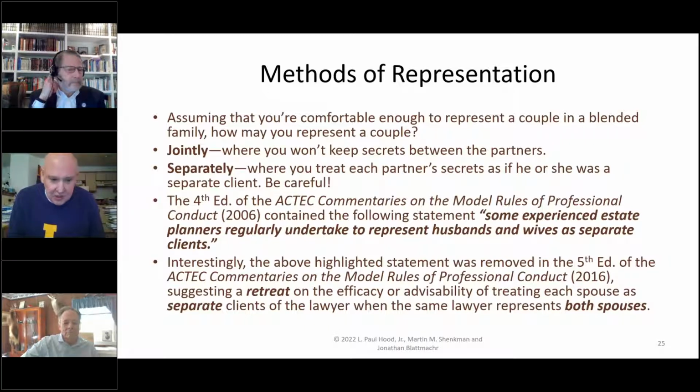But there's a difference between the 4th edition, from 2006, which contained the sentence in bold in the penultimate bullet point: some experienced estate planners regularly undertake to represent husbands and wives as separate clients. But that sentence was removed from the 5th edition in 2016.